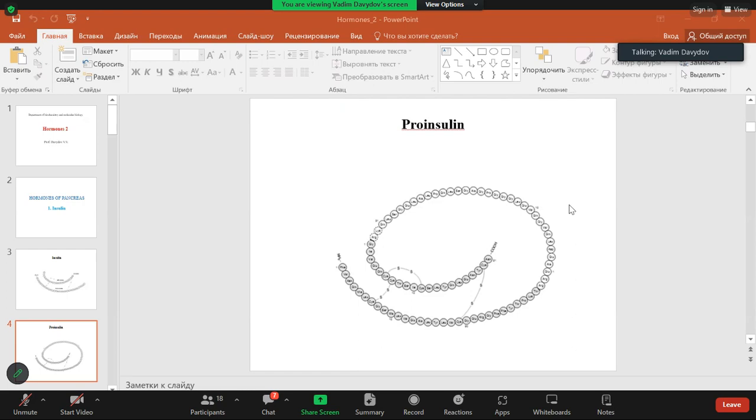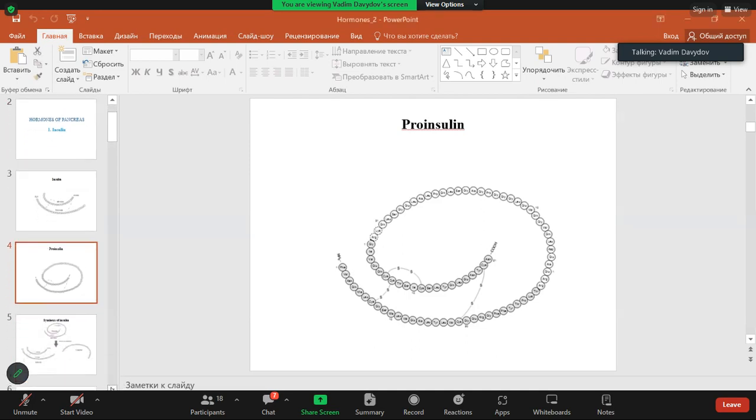This protein consists of only one polypeptide chain, and its structure includes 110 amino acid residues. And preproinsulin does not possess any biological activity.